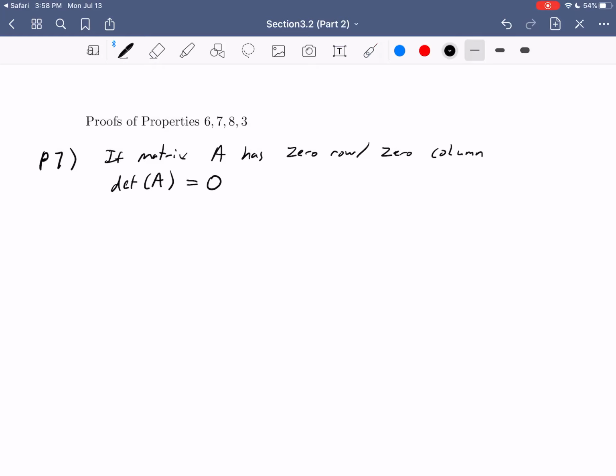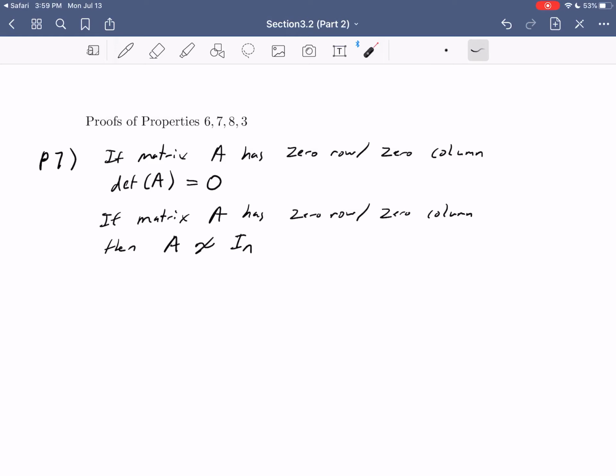Instead, all we're going to say is that if matrix A has a 0 row or 0 column, then A cannot be row equivalent to the identity matrix.